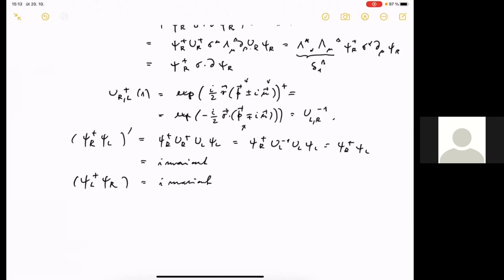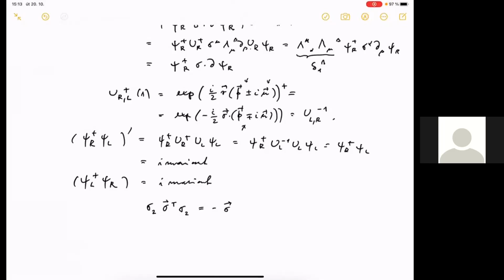But we can also form invariants from left spinors and right spinors only. The key observation is the relation which we can write in such a way that we sandwich the transpose of the Pauli matrices with Pauli matrix sigma 2. And the result is just minus sigma.